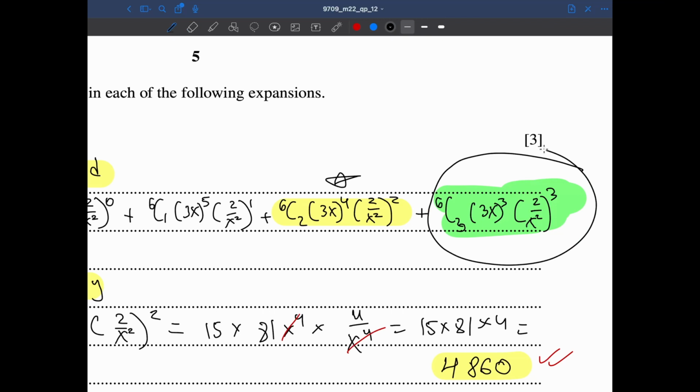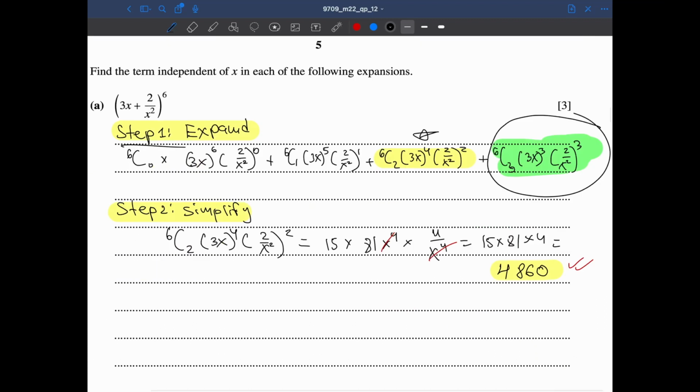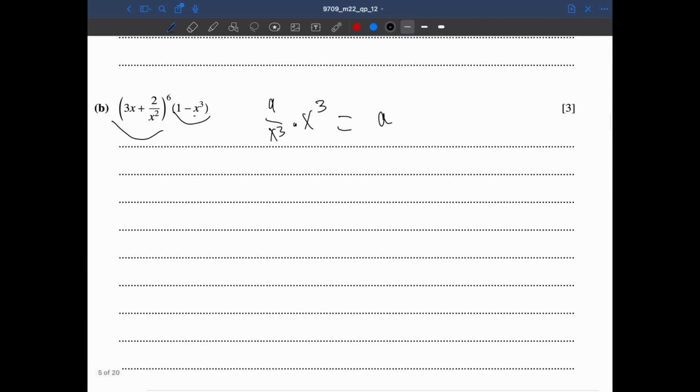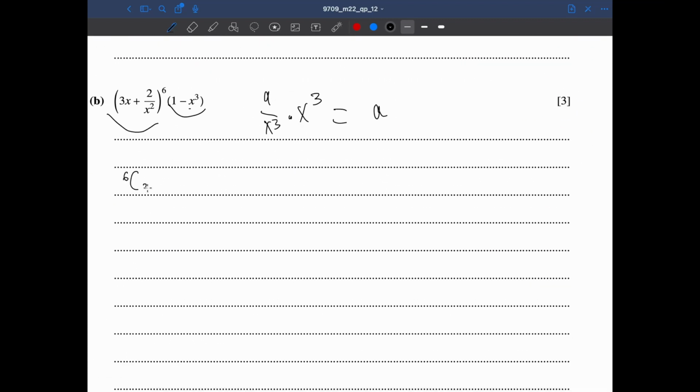So 6C3, 3x to the power 3, and then 2 over x squared to the power 3. So that's what we're going to use. And let's expand this. 6C3 is just going to be 20, multiplied by 3 to the power 3, that's 27, x cubed.